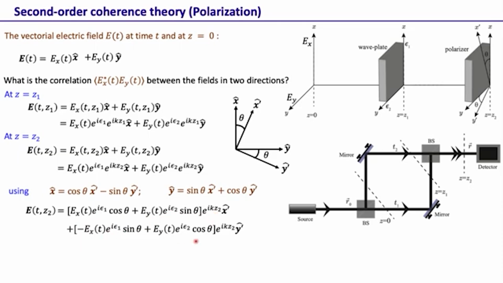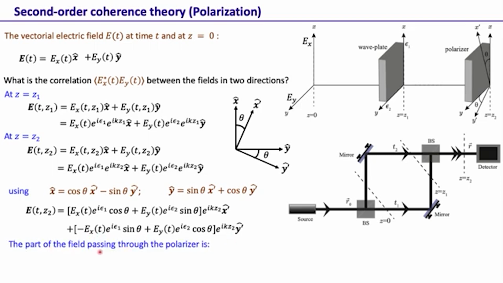These are the y prime components. So this is the same electric field, now in the x prime y prime coordinate system. This whole thing is the component of the field in the x prime direction, and that's the component in the y prime direction.